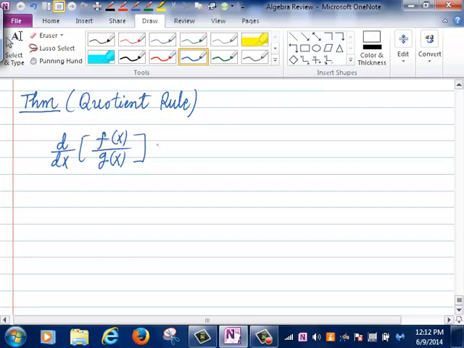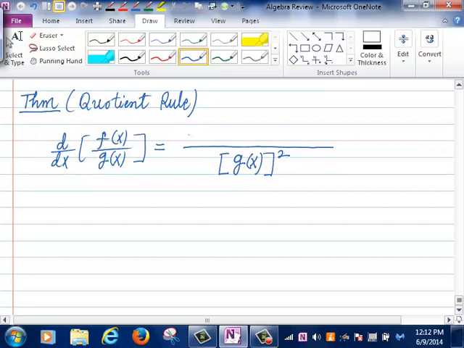The derivative of a quotient, again, is not simply f prime of x divided by g prime of x. What it is looks strange. You take the denominator and then you square that. So in the denominator you have the square of the denominator. In the numerator, what happens?